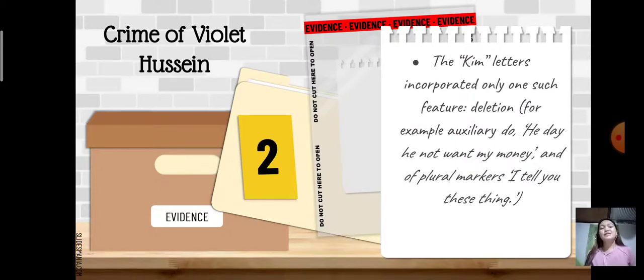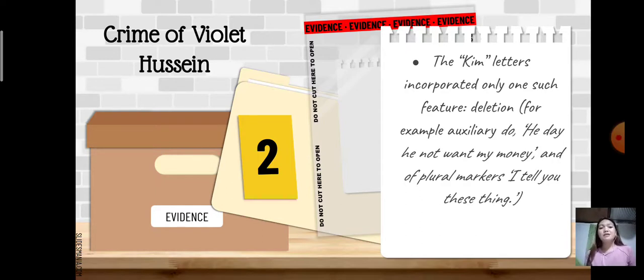Later on, the forensic linguists examined the letters to Kim and found out that there is only one feature of Creole language in the letters, which is deletion. For example, they deleted the auxiliary do. Instead of saying, "He say he do not want my money," the Kim letters state, "He say he not want my money." Or plural markers: "I tell you this thing," instead of "these things."